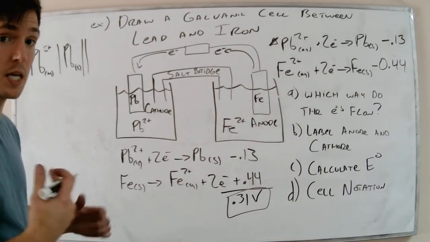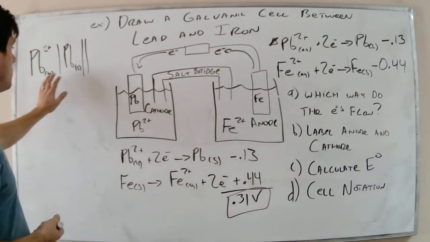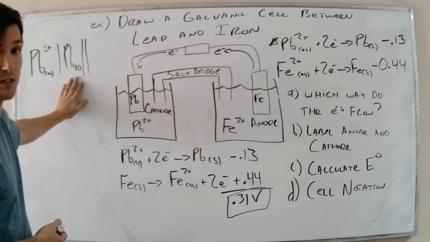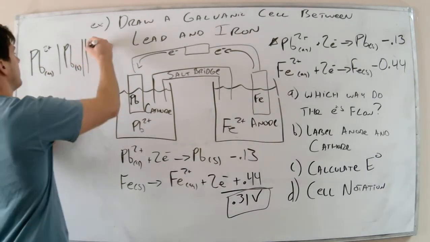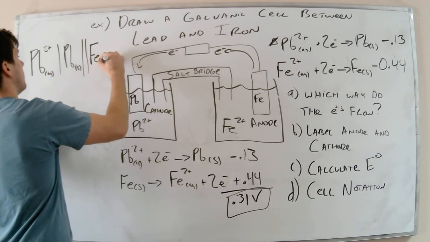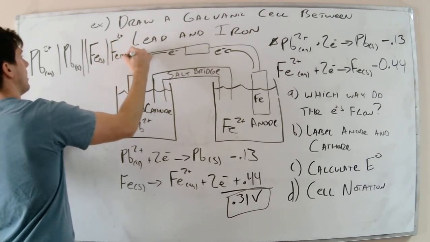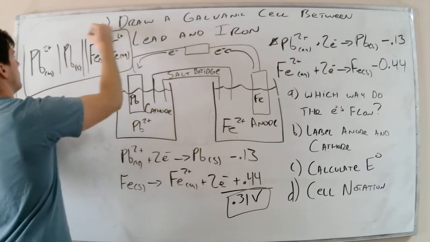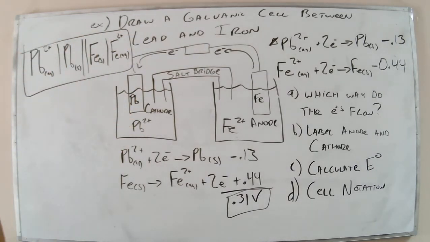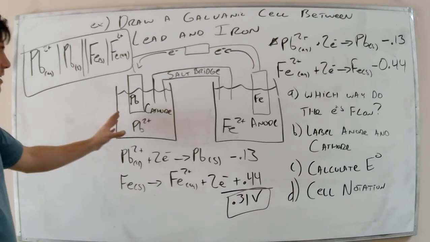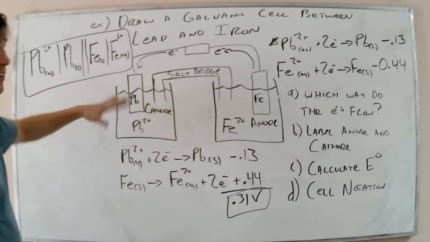If it's being reduced, it's gaining electrons, it's going to become Pb solid. While the other side is going to go from iron solid to iron 2+ aqueous. So that is our cell notation. Left side, Pb2+ is becoming Pb solid because it's gaining electrons.